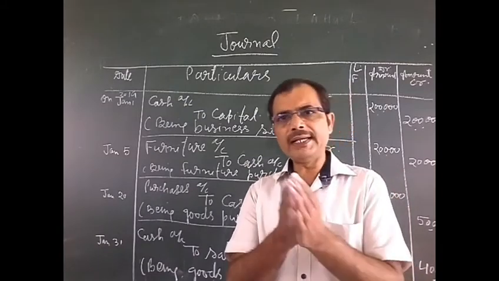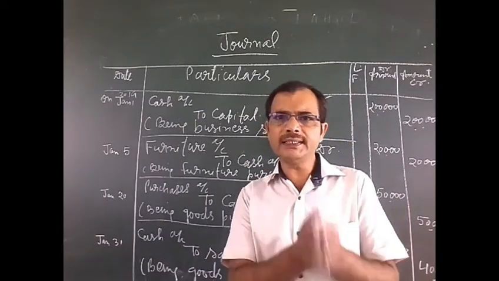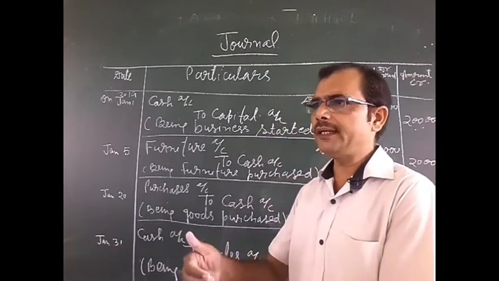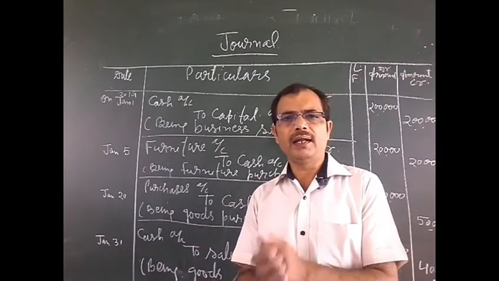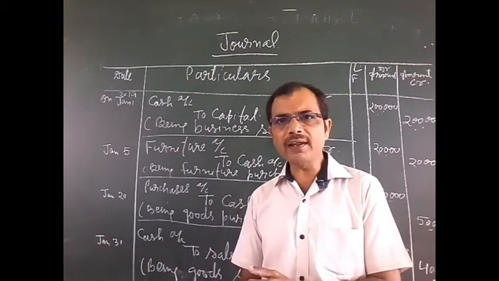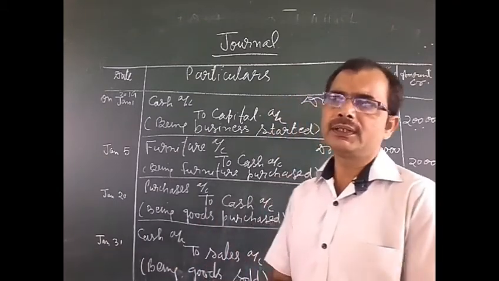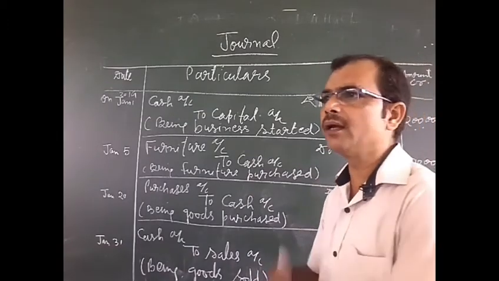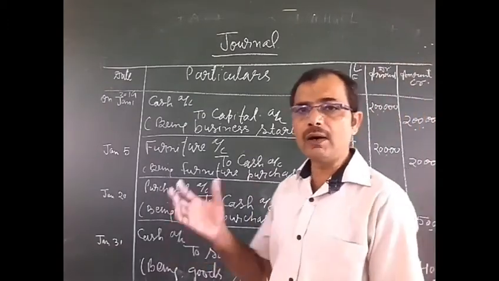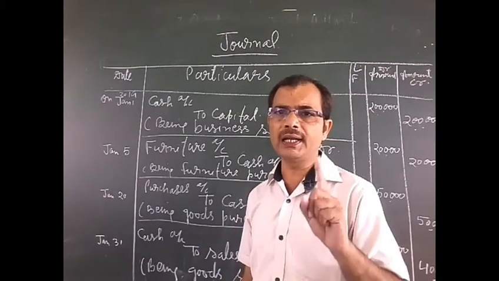Why did we make the ledger? Because we want to classify all the entries, and when we want to classify, at that time there is a need of ledger. And how we can make a ledger you have already learned.